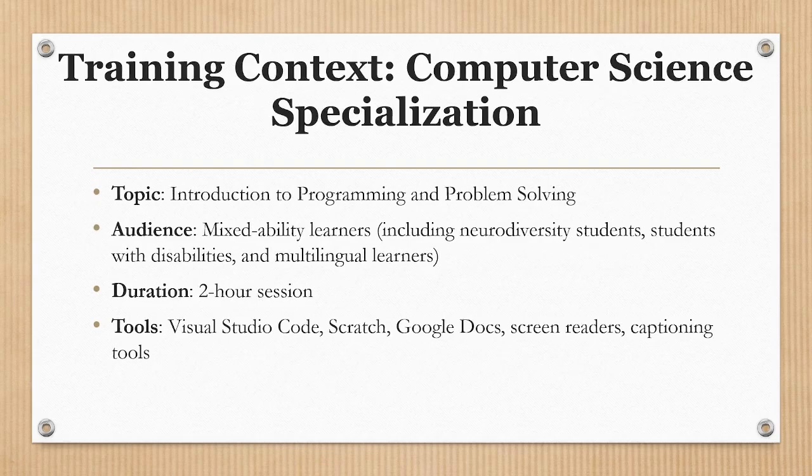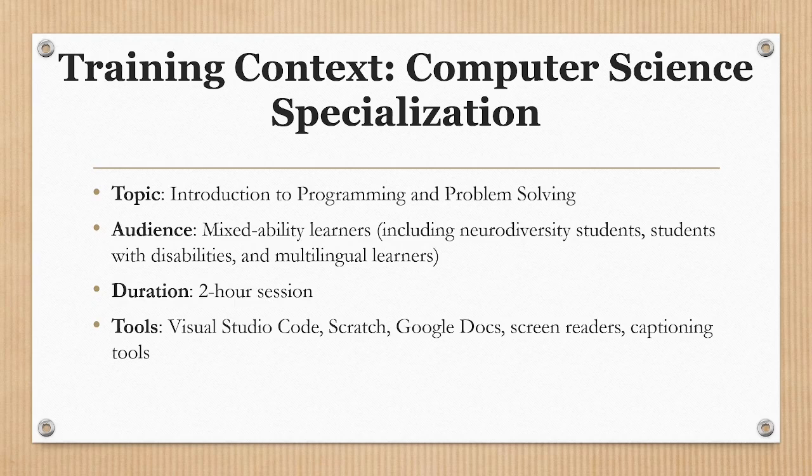Next we are going to look at the training context. The training context is computer science specialization because I come from the computer and mathematics department. The topic is introduction to programming and problem solving.